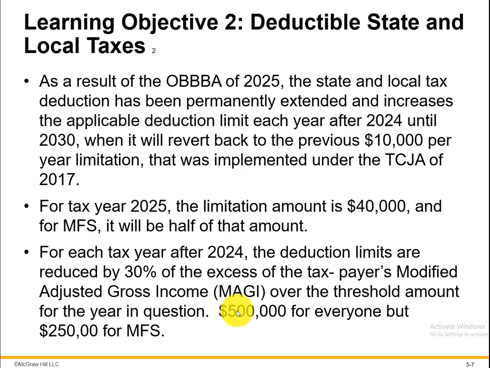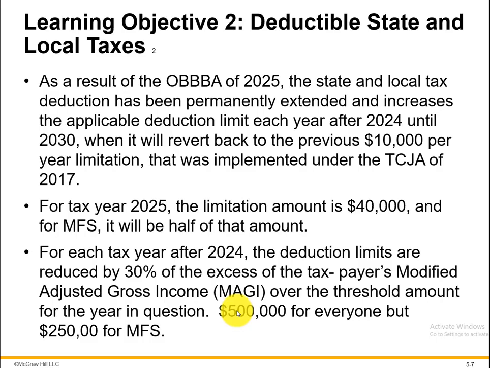Lots of people, especially in high tax states, pay a lot more than 10,000. 40,000, even some of them will be over that, but that will increase a great deal. But if their income is too high, that will start to come back down. But at the end of the day, no matter what their income is, even if it's $1 million, they can still deduct $10,000, just like it was previously.